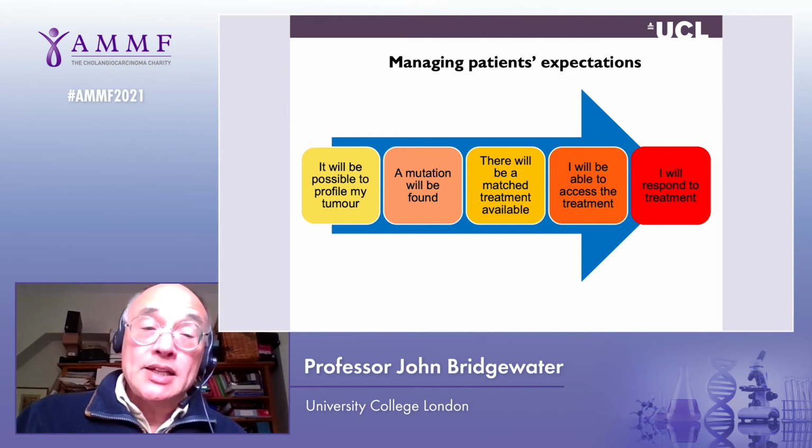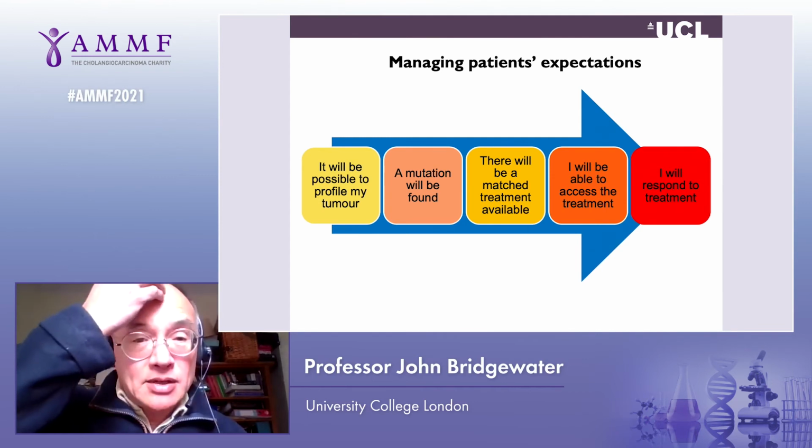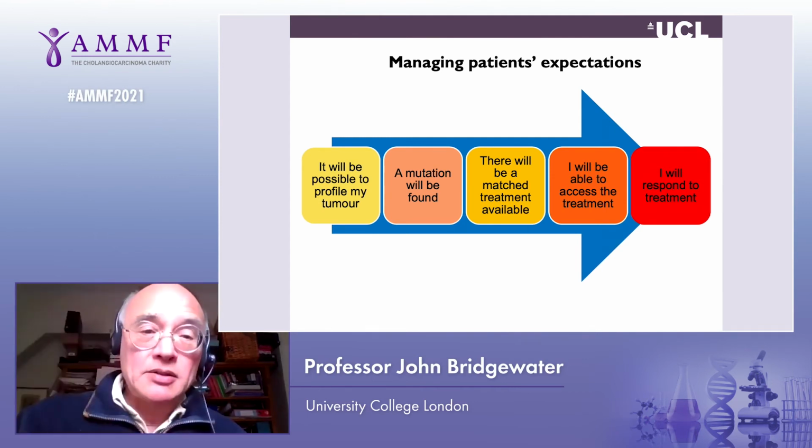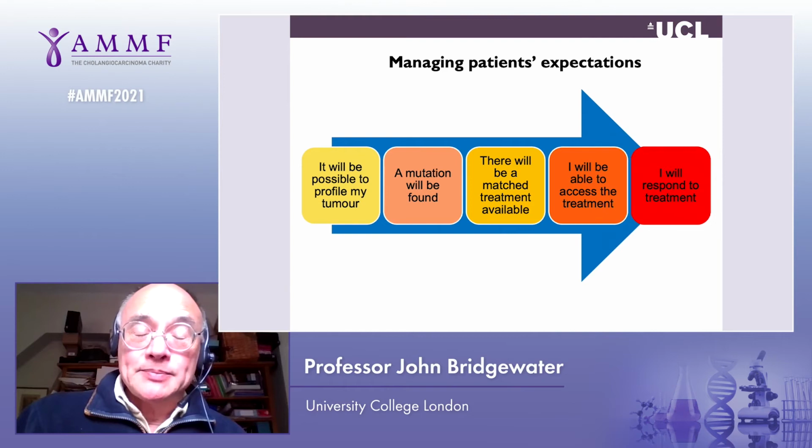Most people, it is possible, but some people it may not be possible. There may simply not be enough biopsy, or the liquid biopsy may fail. A lot of questions around there. A mutation will be found. So as I've said, about 50%. 50% of people don't have a mutation. There will be a matched treatment.